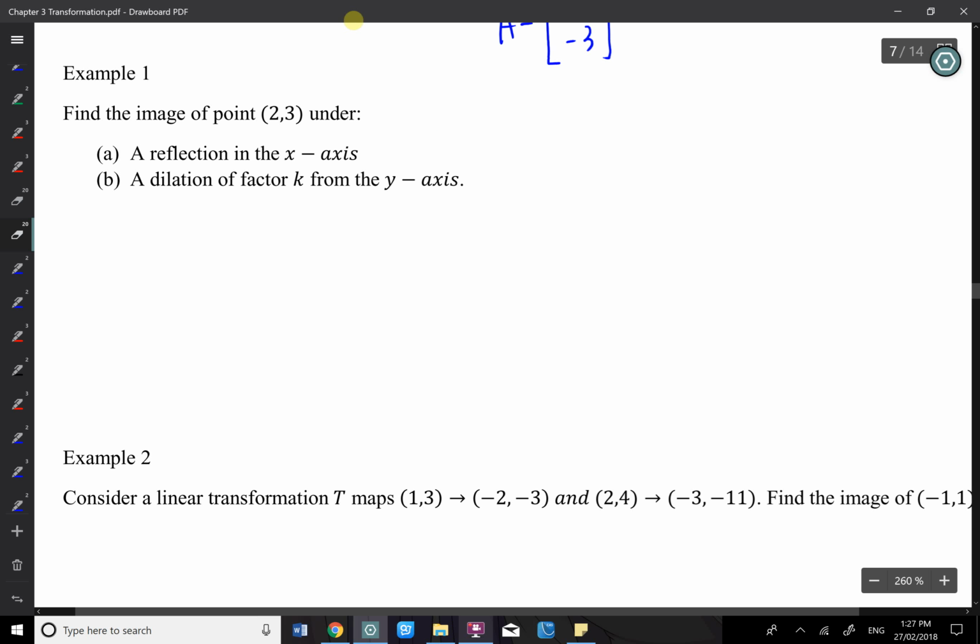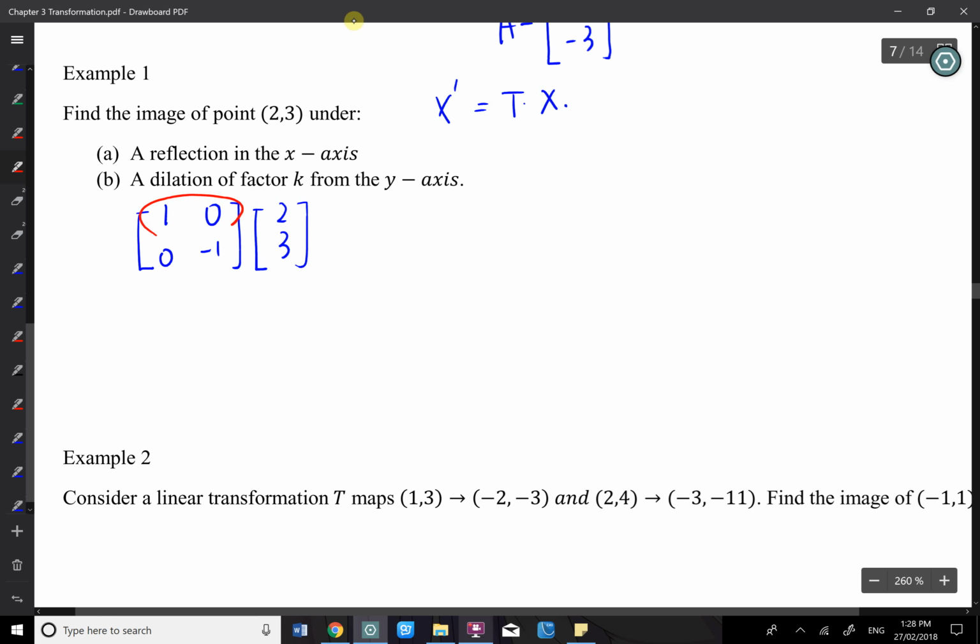Remember, the new point equals the transformation times the old point. The transformation, a reflection in the x-axis, is changing the y value. I will times the old point, that's the original point.